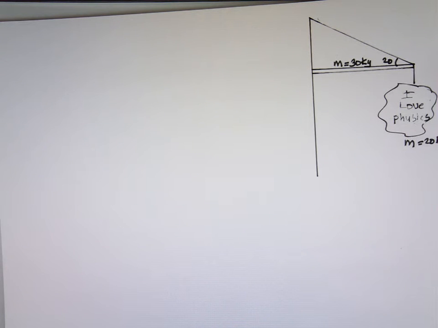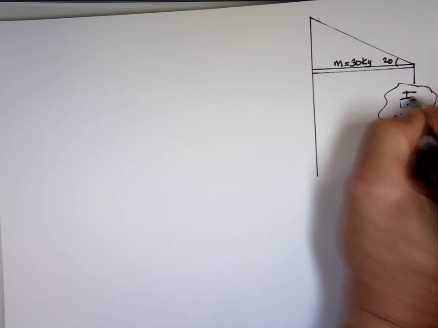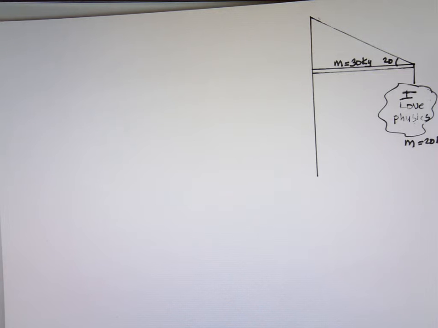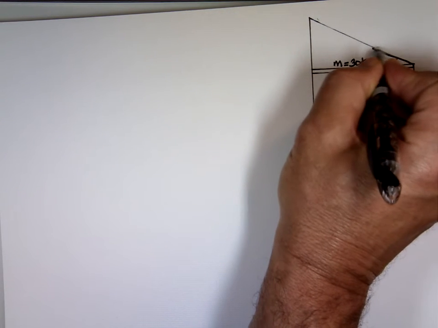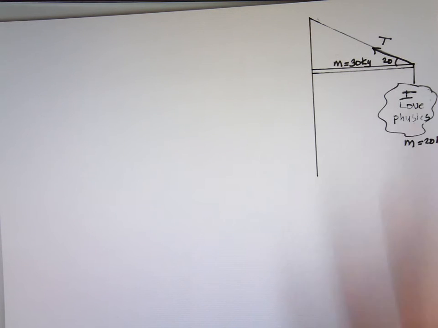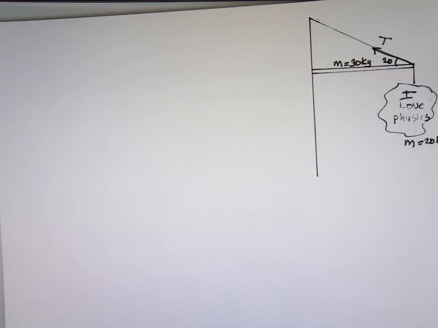And what I want to know, a couple of things. I want to know the tension in the cable here. There's a string holding that. This piece here has to be held. Let's say there's a hole in it. In the middle of the hole there's a screw going through, or a nut.